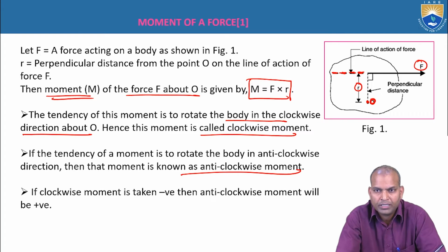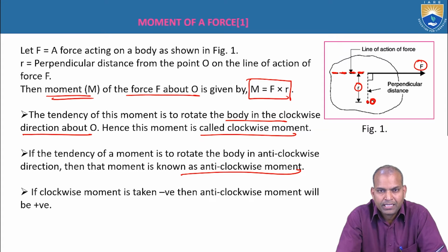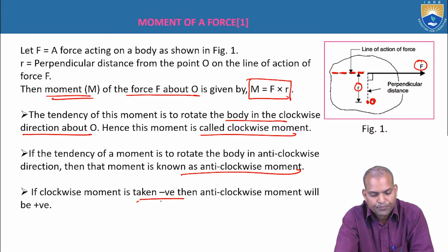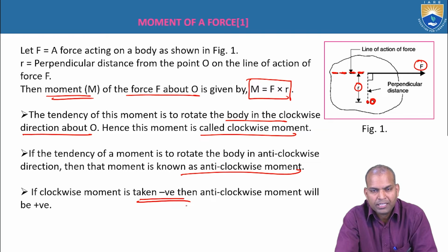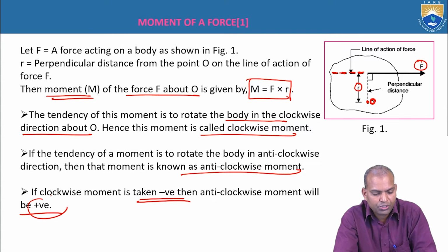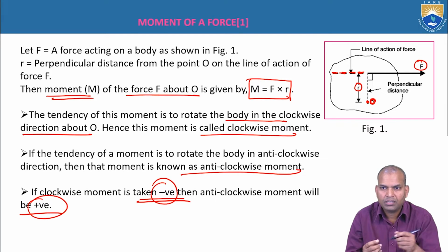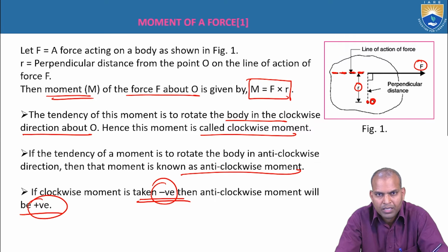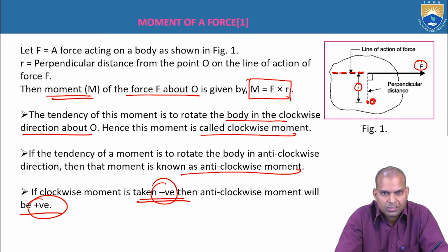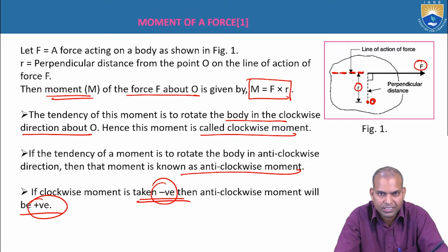So, the sign convention of the moment is: if clockwise moment is taken as negative, then anti-clockwise moment will be positive. Or vice versa: if you consider clockwise moment as positive, then anti-clockwise moment has to be negative.